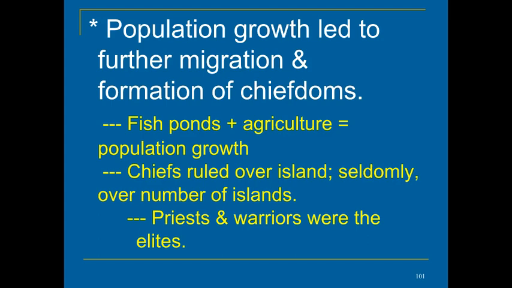One other innovation they had was fish ponds, where they would raise fish for consumption as a food source as well. When you talk about Polynesian religions, there's also a lot of similarities: different gods who controlled nature. The priests, again, are going to be the upper class.